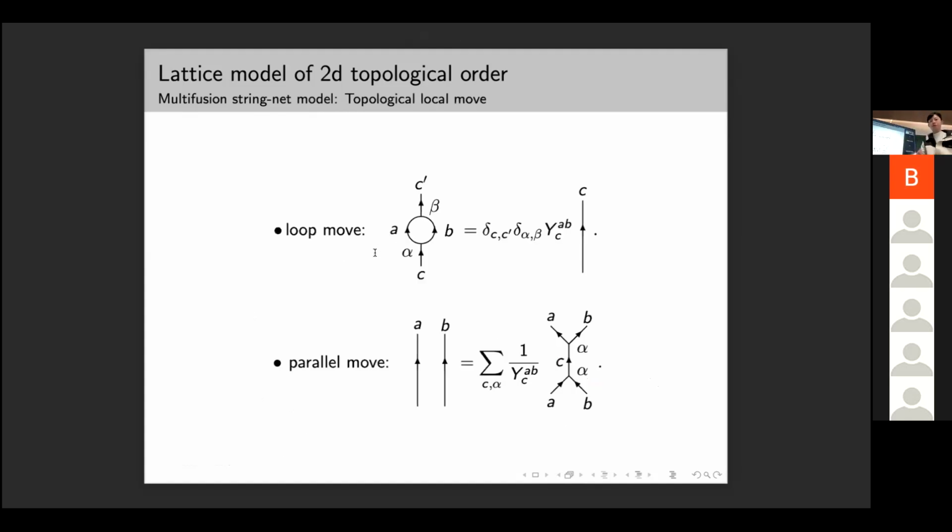To construct the string ground state, we first introduce three basic moves. This is very simple, like the fusion case, and we know that for the multifusion case, the main difference is that the tensor unit is not simple, and there is a grading structure. For the fusion of A and B, there must be some grading structure.